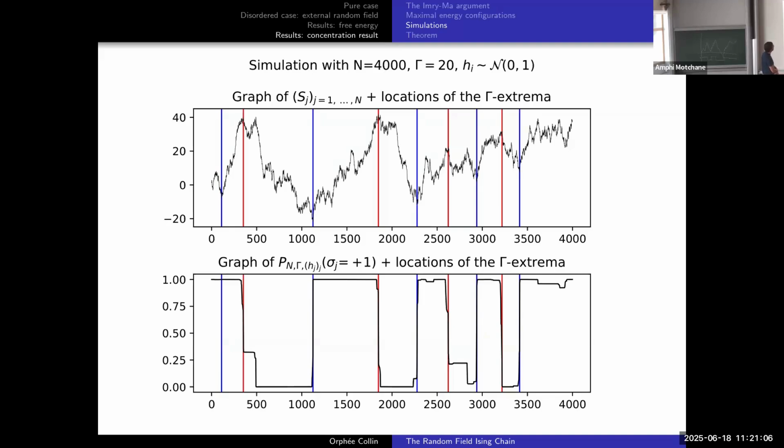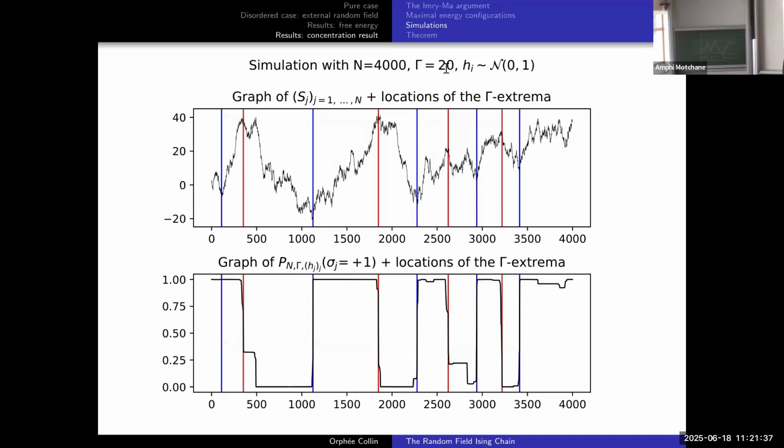Here gamma is equal to 20, and below I also plotted the probabilities of sigma j equals +1, and you can see that in the ascending stretches the probability is close to 1, and in the descending stretches it's close to 0. Essentially, there are some flaws, of course, not exact.